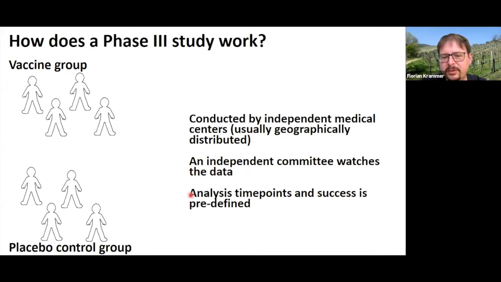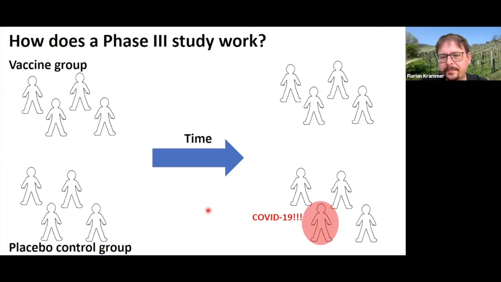And then before you start the trial, you have to actually set the analysis time points, and you have to define what success is. So you can't run the study and then it doesn't look that great, and then you say, it's good enough. You have to actually beforehand say what is good, what is good enough. And then you vaccinate your individuals, and then you follow them. And then you look who is developing COVID-19.